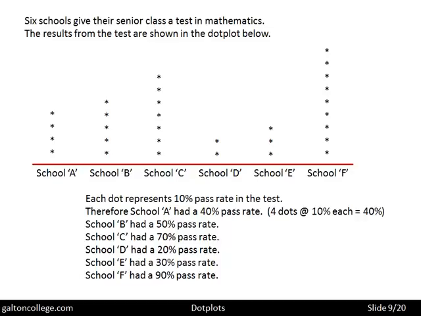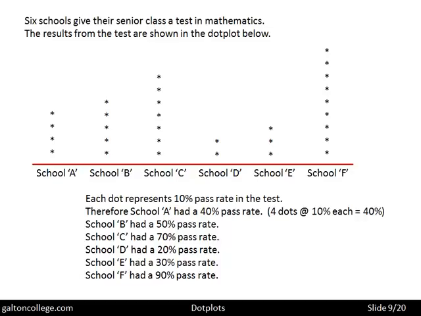School B has got 50%, it's got 5 dots. School D only has 2 dots. School E had a 30% pass rate. School E had 3 dots. So we can represent the pass rate in each school with the number of dots. And we can see the picture straight away then, which school is doing really well, which school is not doing so well in this particular test.